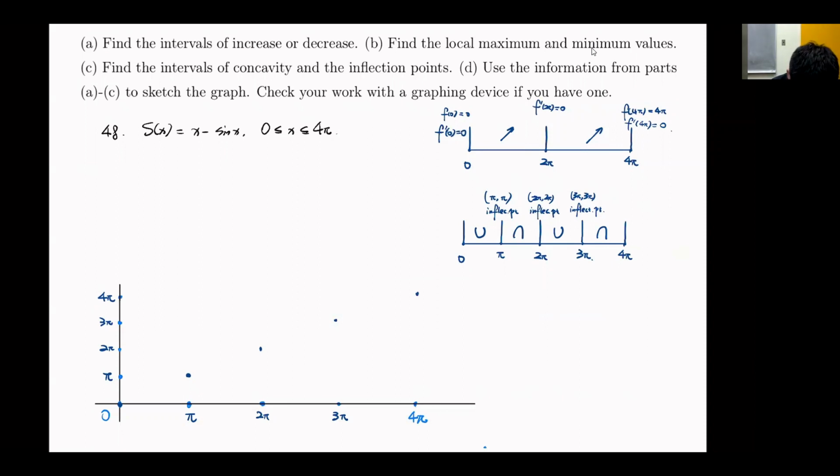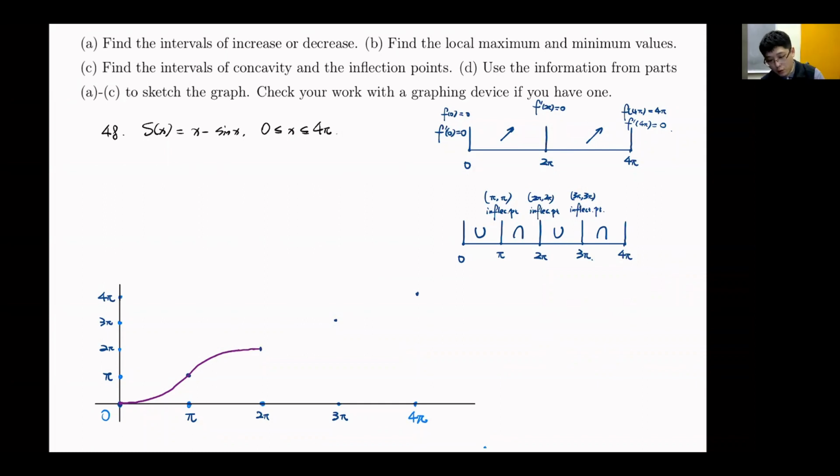As a result, the function will start in the following way. Since f prime of 0 is 0, locally it has a horizontal tangent. Then after 0, it will be increasing in a way that is concave upward until it hits pi. After x equals pi, the function will be increasing in a way that is concave downward until it hits x equals 2 pi. That's roughly how the graph looks between 0 and 2 pi.